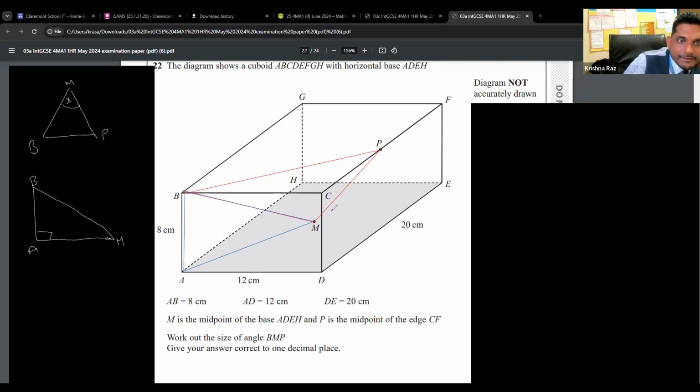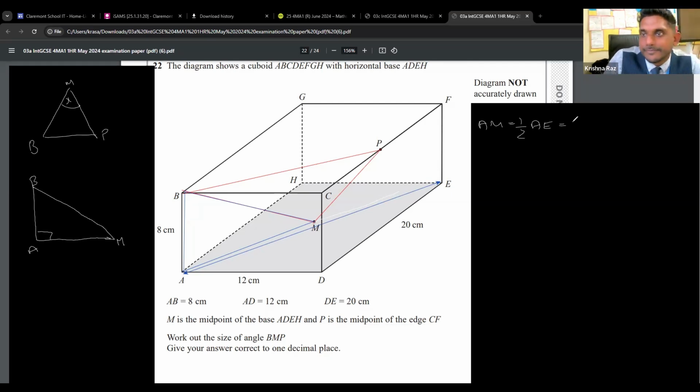AM is half of this total length here. And that total length will be, so AM is half of AE, which is half of the square root of 12 squared plus 20 squared.